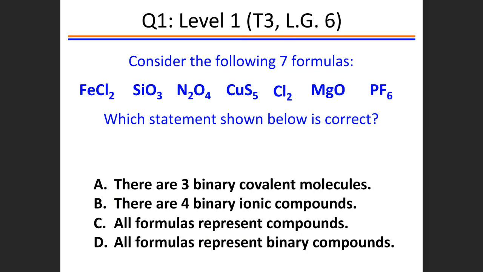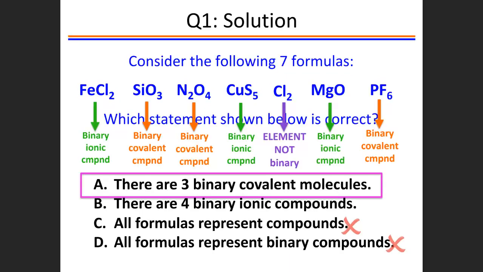Nitrogen, silicon, and oxygen are not metals. So when you see a compound of two non-metals, it is a covalent bond. When you see a metal and a non-metal, it is ionic binary.